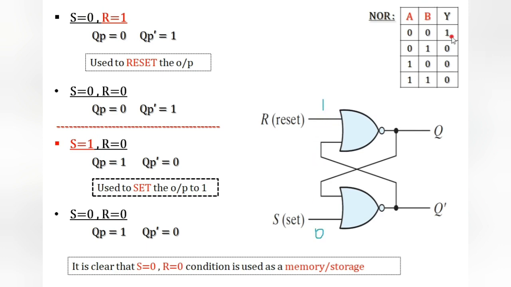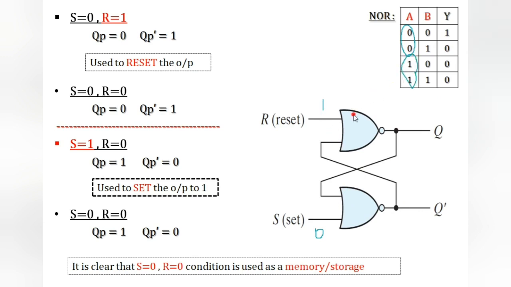Observe this truth table very carefully. We know one input, we don't know the second input. Here also one input we know, we don't know the second input. So one input is 0. If the second input is 0, then the output becomes 1. If the second is 1, the output becomes 0. So there is a change in the output values. So don't consider this one. Come here. We know the first input, that is nothing but 1.